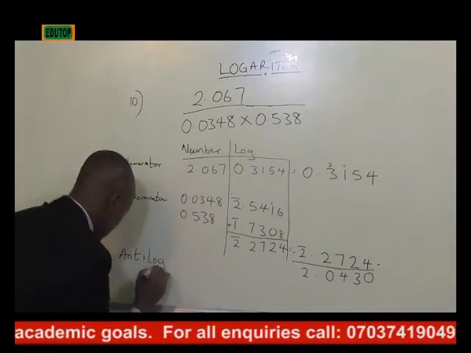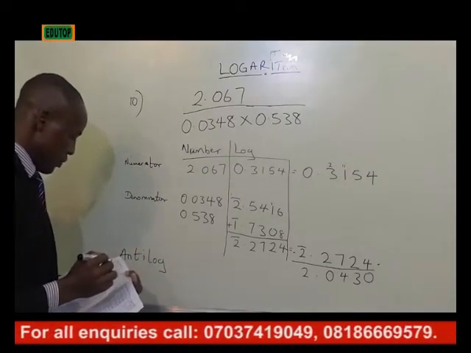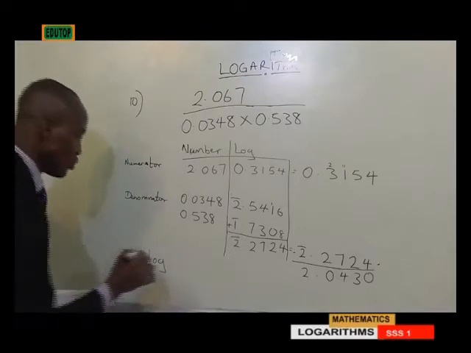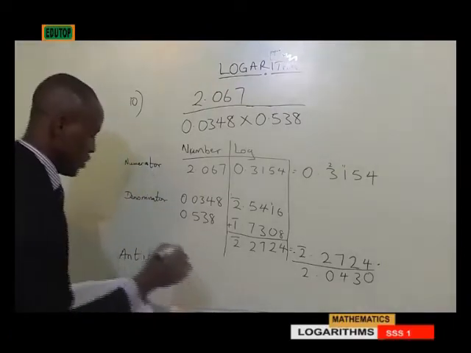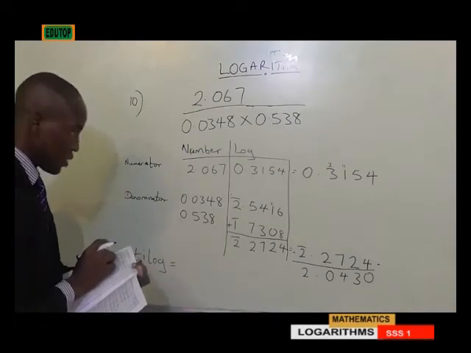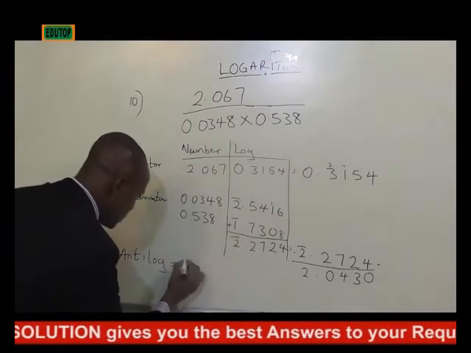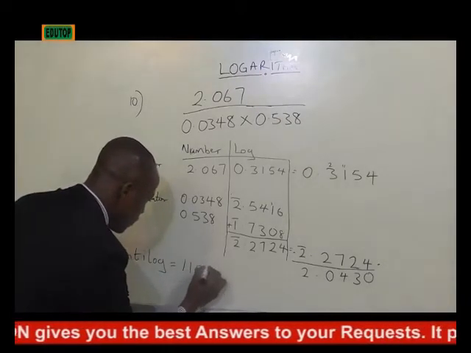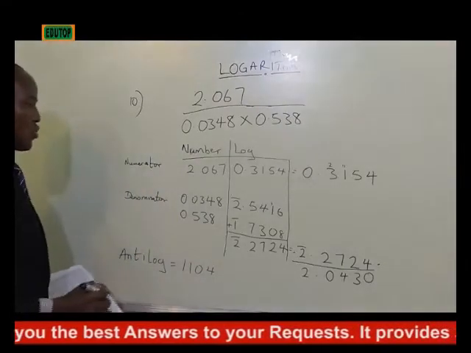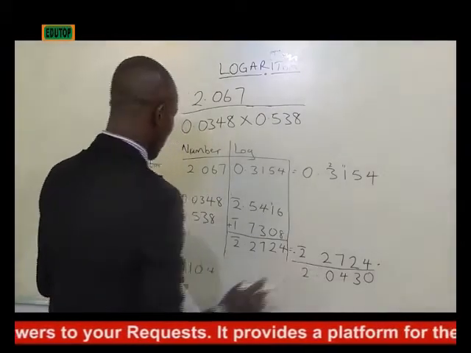Our antilogarithm of numbers is on table 2, which is equals to 0.04 under 3. That's 1104. Now for us to know where we are going to put our decimal point.